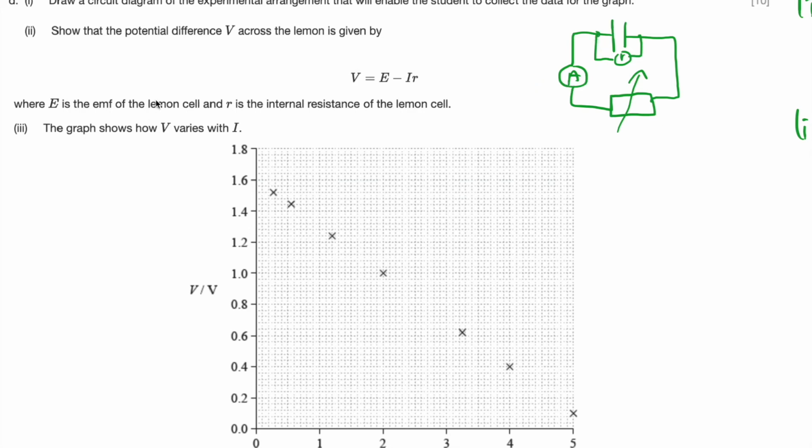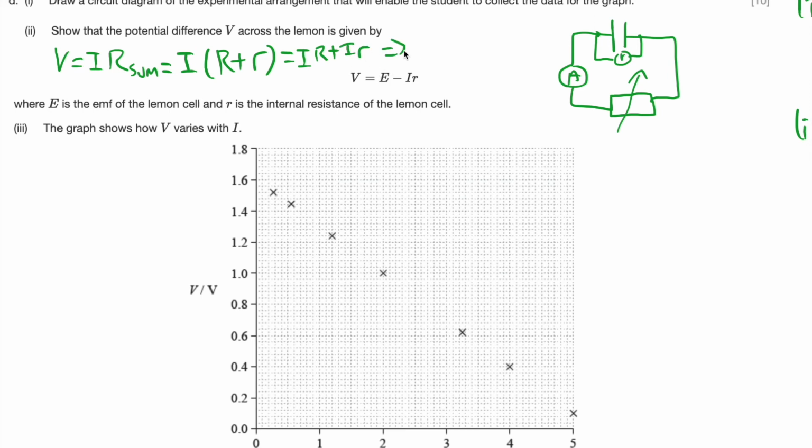Show that the potential difference V across the lemon is given by this. So we know voltage is equal to current times the sum of resistance, which is equal to current times the resistance of the variable resistor plus the internal resistance of the cell. Right.